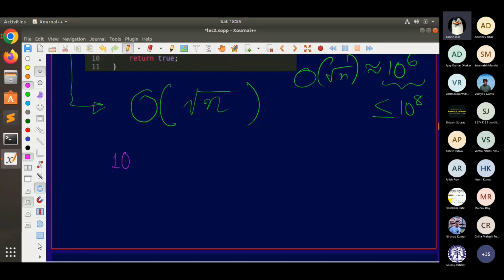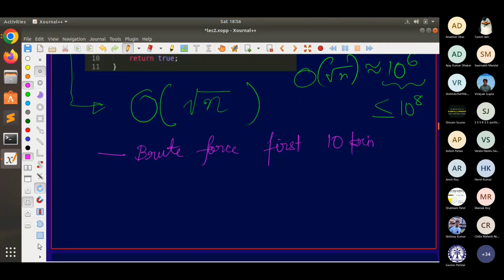Yes, and then for the numbers greater than that, we check if the number is prime or not, and if the number is prime, we add it to this list. Okay, so what we are doing is brute forcing the first 10 primes, right? Then what is your algorithm?